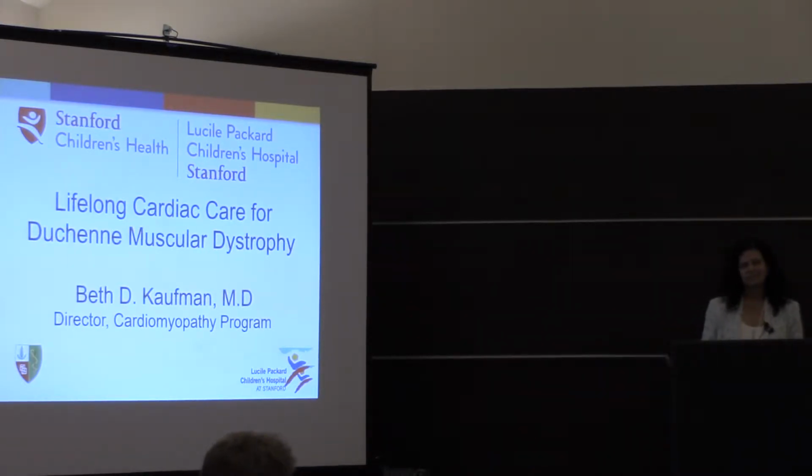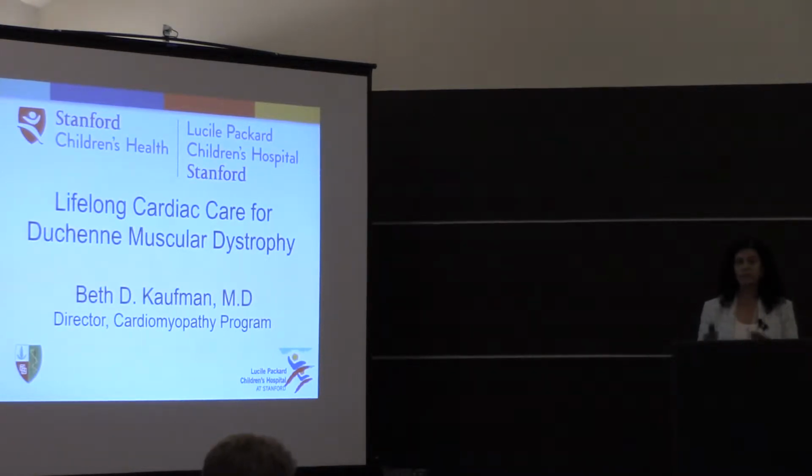And what I'm most excited about with the neuromuscular population, specifically in boys with Duchenne Muscular Dystrophy, is that we can identify a population who is at risk of developing heart problems many, many years before that actually occurs. So it is a huge window and opportunity for prevention.